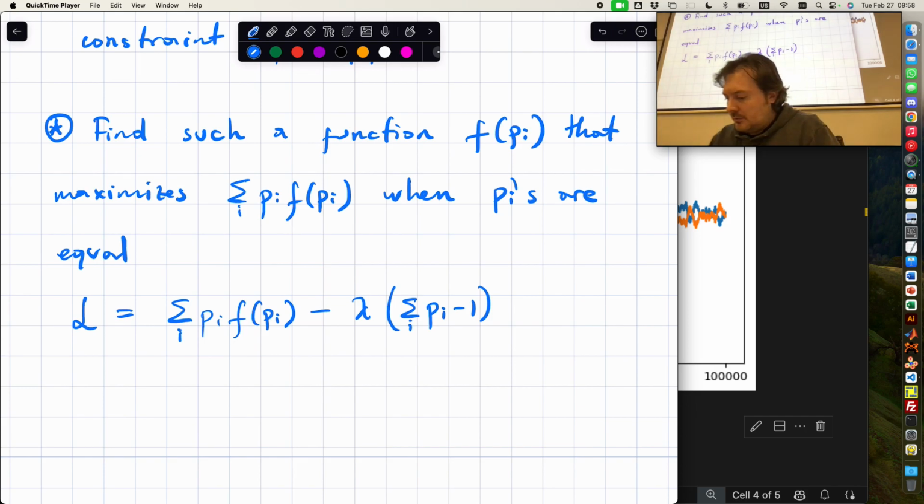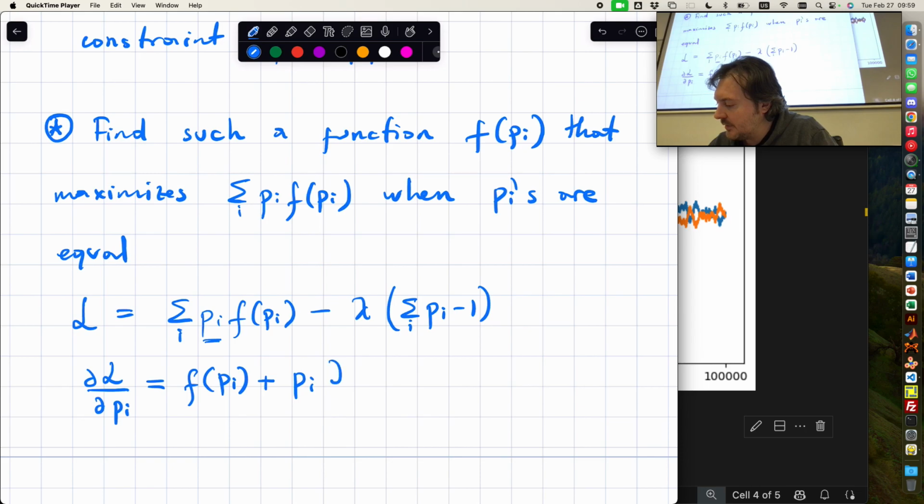Now, what if I take the derivative with respect to any of the pi's? Okay? What do I get? I get the derivative of pi, which is 1, times f(pi), okay? And plus, right, pi times del f(pi) over del pi, minus lambda.